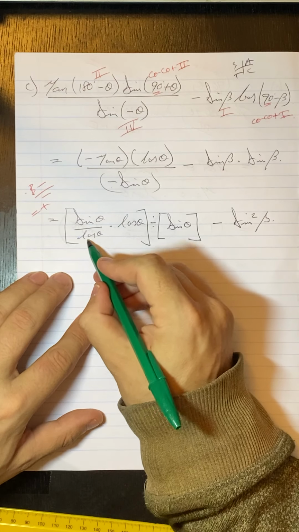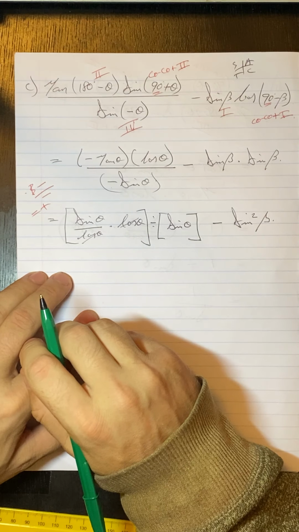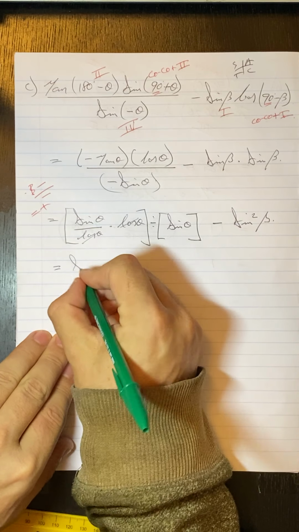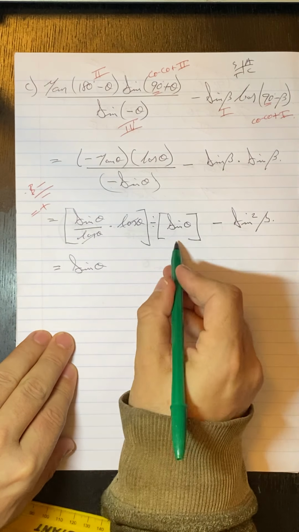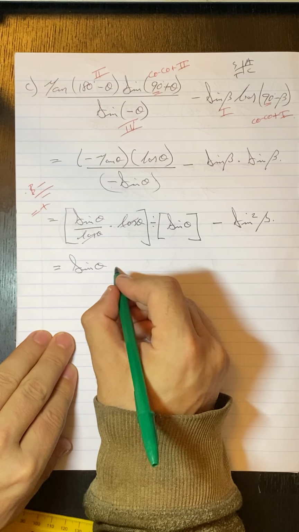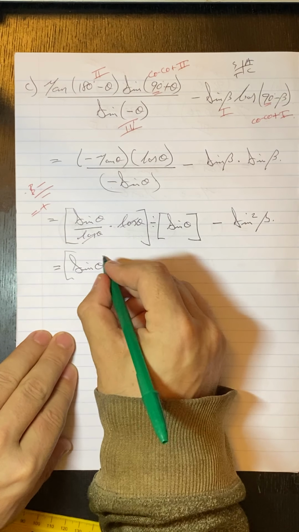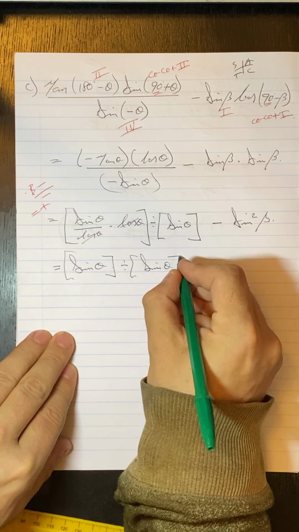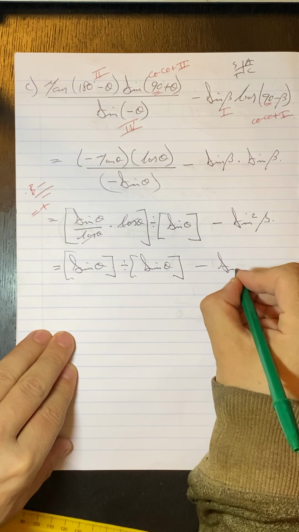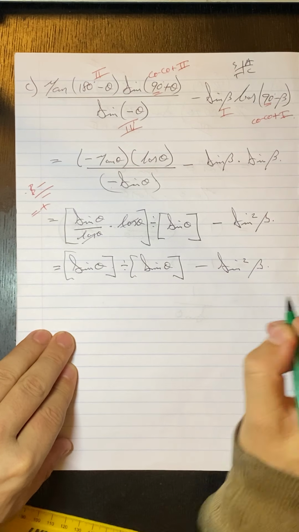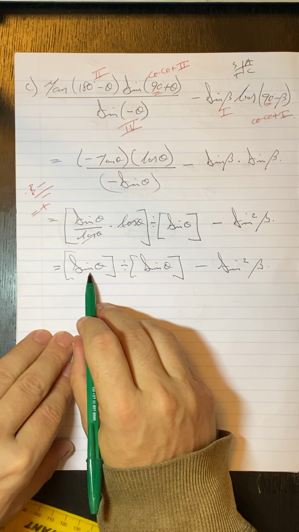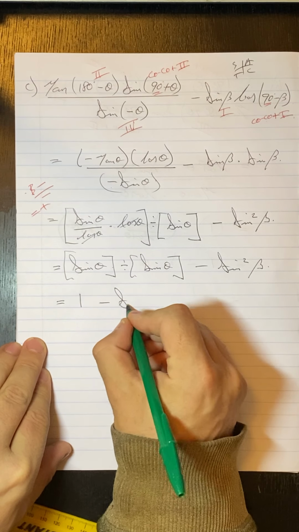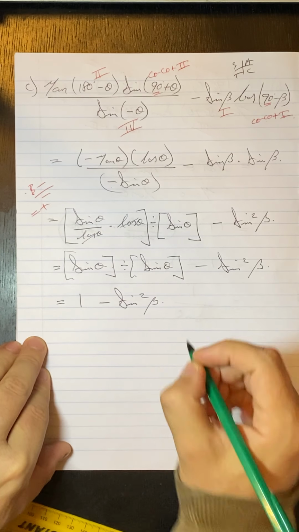Here the cos's cancel, and we are left with sine theta divided by sine theta minus sine squared beta. So sine theta divided by sine theta is just 1 minus sine squared beta.